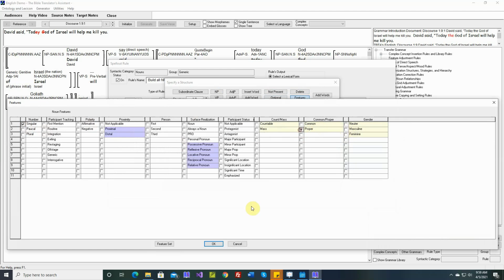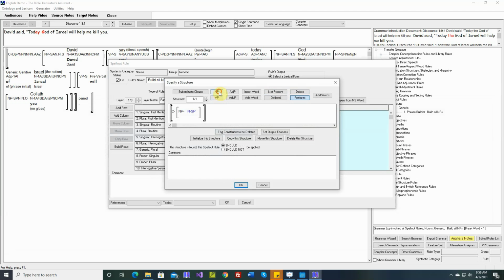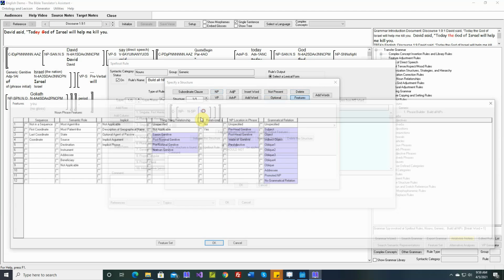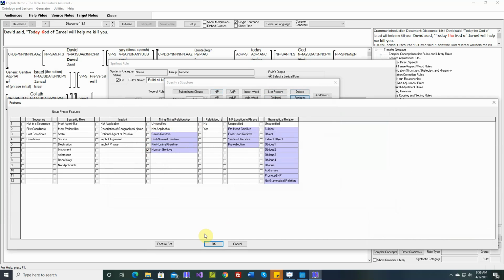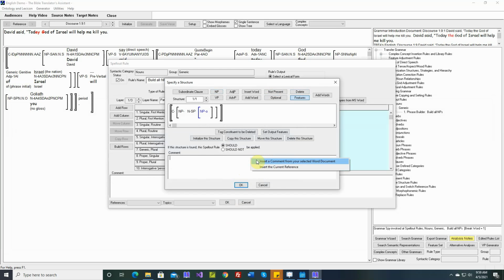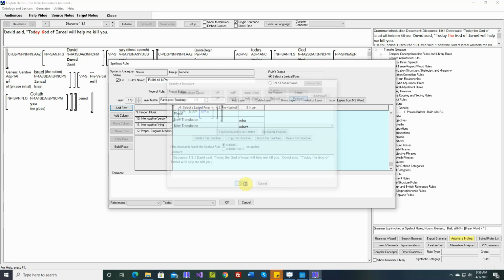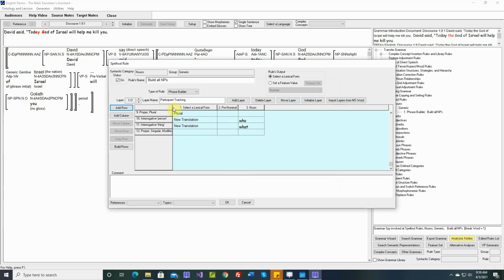Singular, proper, and it's modified by a Norman genitive. Okay. And by the way, while we're here, this will solve our problem, but we can make it more generic.